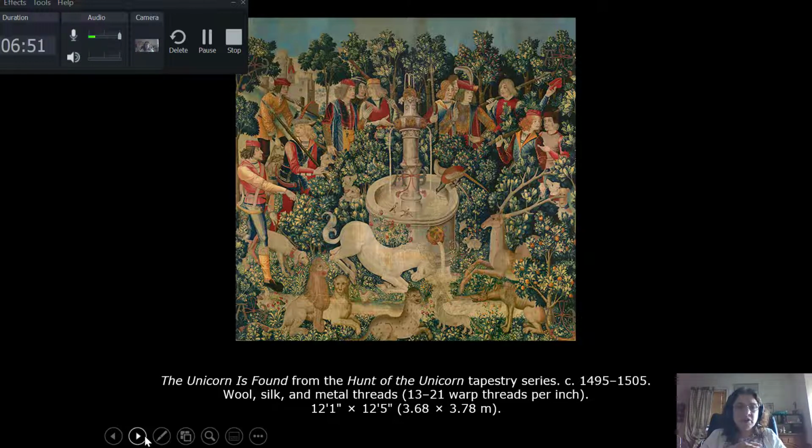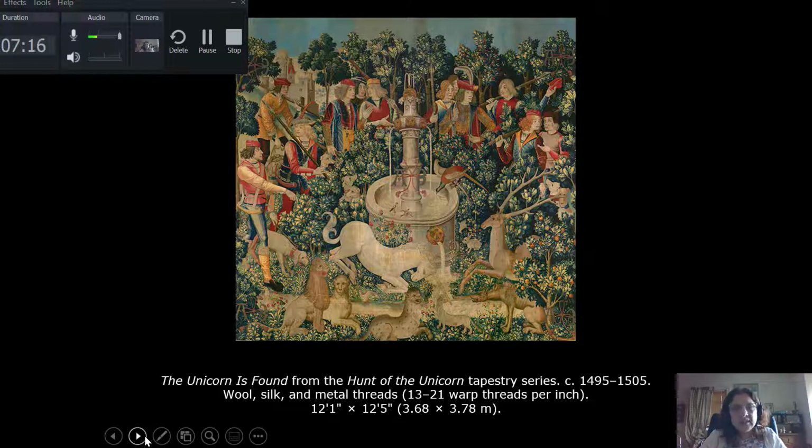And this is the story of the unicorn. So we have a couple of these different tapestries at the Cloisters, and they're the hunt for the unicorn, where they have this mythological beast, the unicorn, or mythological creature, not really a beast, creature that they're hunting. And it makes reference to Jesus and to the resurrection.